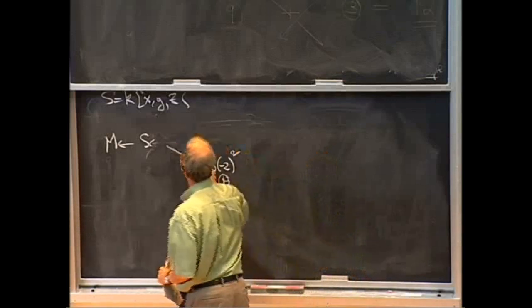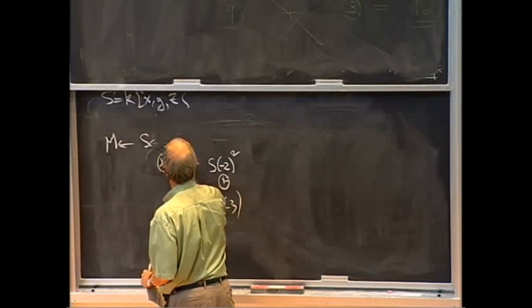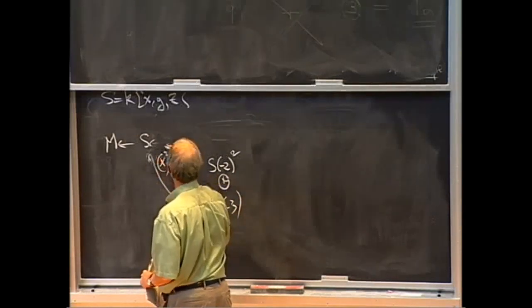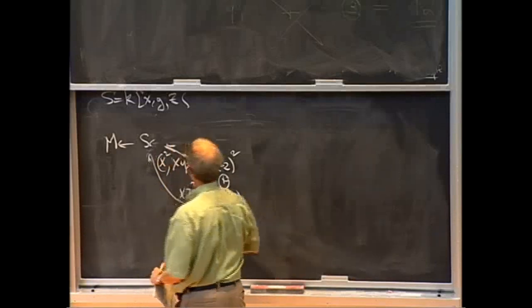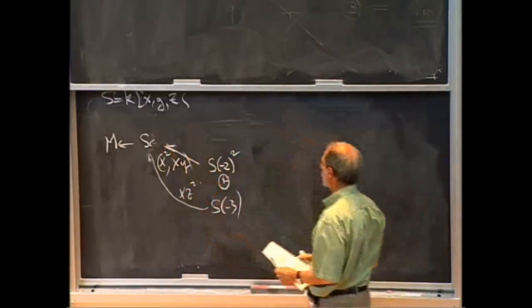And I think of this map as x squared and xy, and this map as xz squared. Okay? So here's a map of degree 3. Here's a map of degree 2.